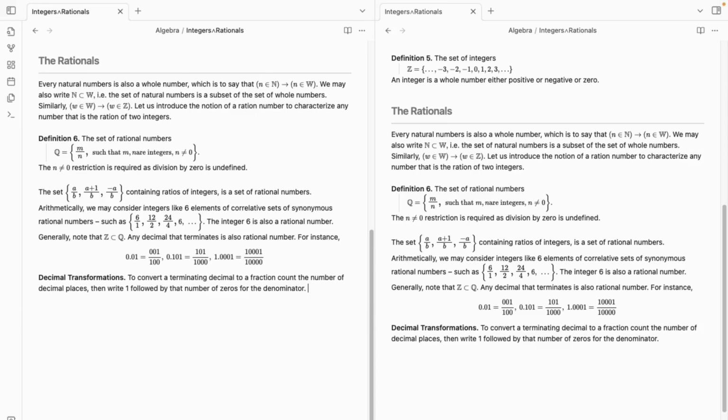All right, and then furthermore, any decimal that repeats may also be expressed as the ratio of two integers.